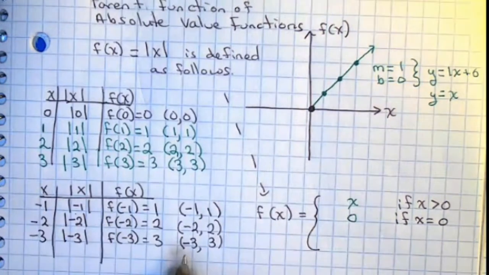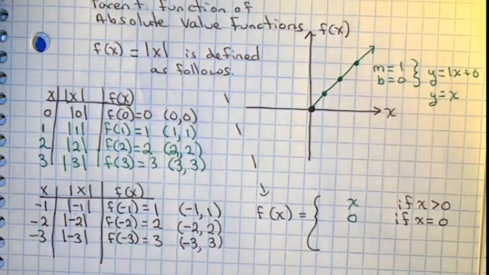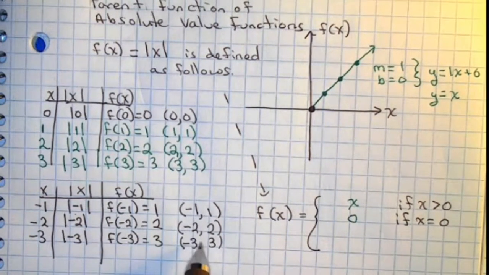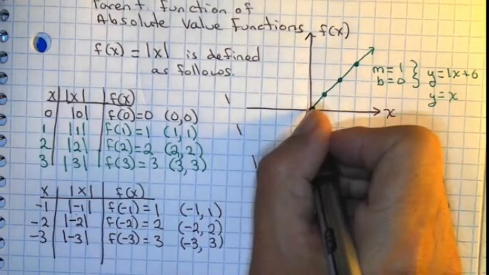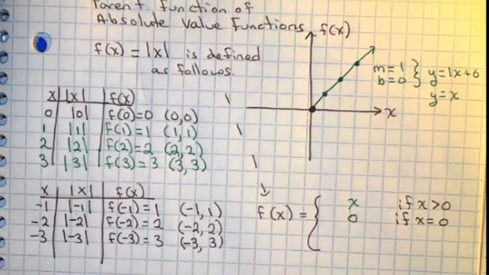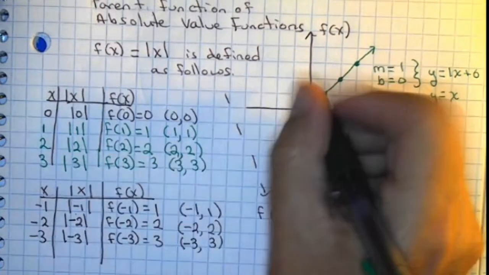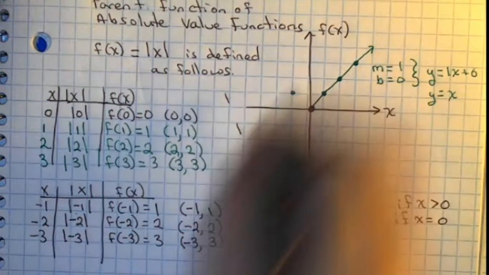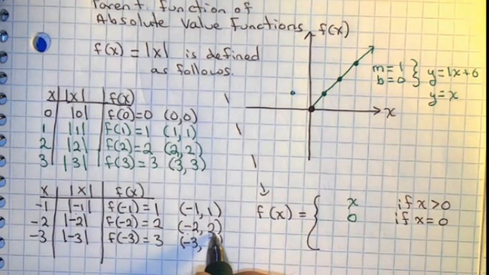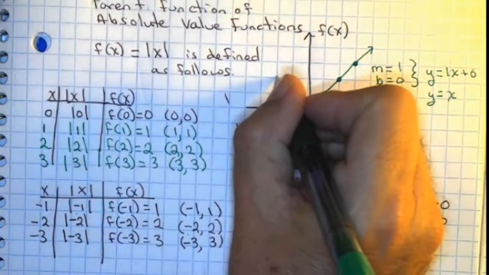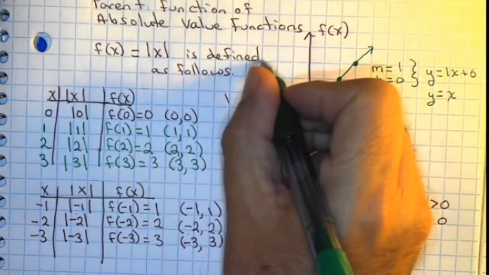Now let's look at these points on the left-hand side. It went 1 to the left and went up, 2 to the left and 2 up, and on.